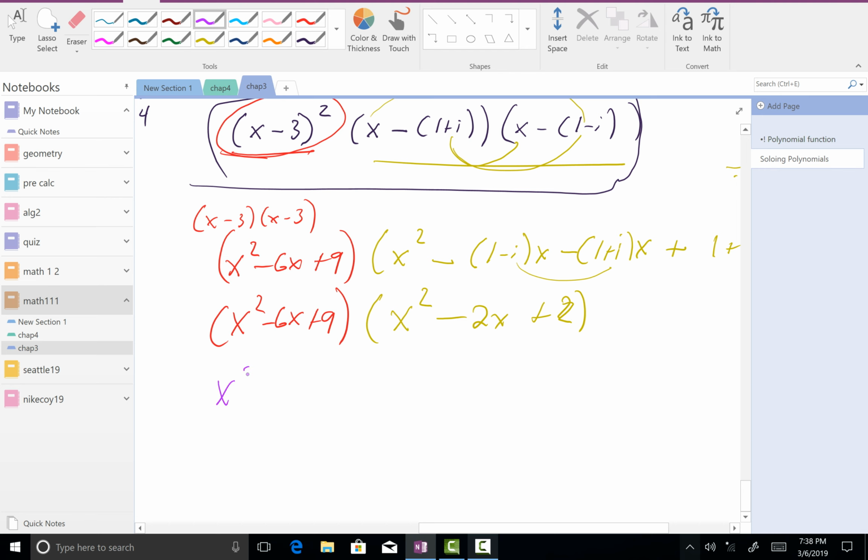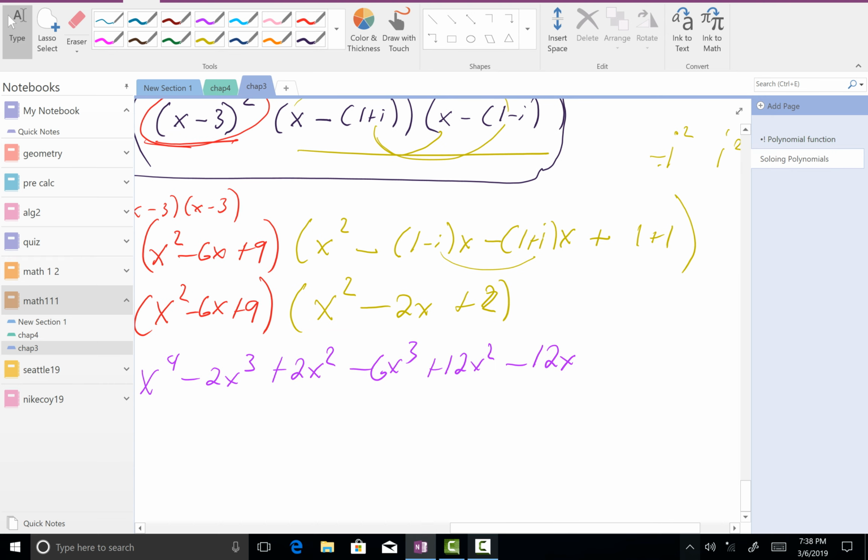So x to the 4th, 2x cubed, 2x squared, 6x cubed, 12x squared, minus 12x, 9x squared, minus 18x, plus 18.